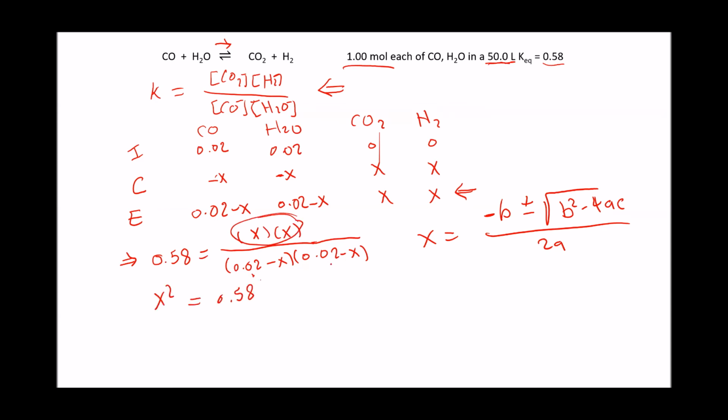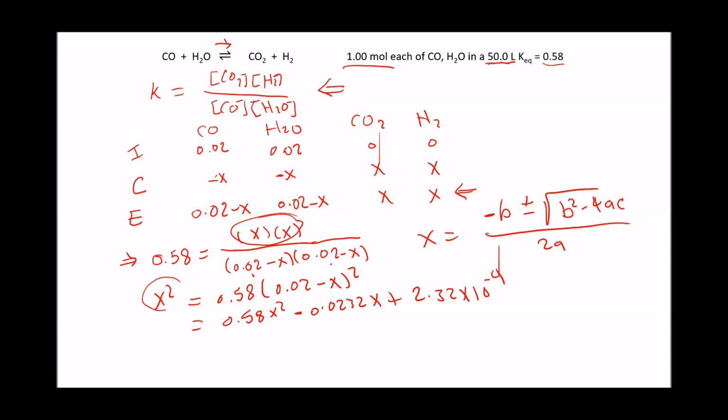This equation can be reduced to x squared equals 0.58 times (0.02 minus x) squared. So it's going to equal 0.58 x squared minus 0.0232 x plus 2.32 times 10 to the negative 4.